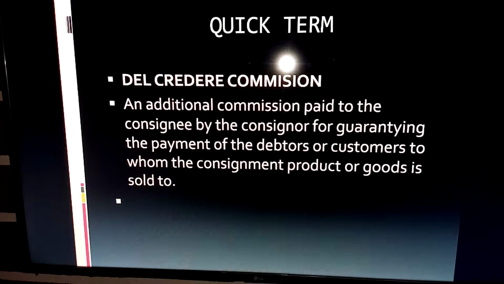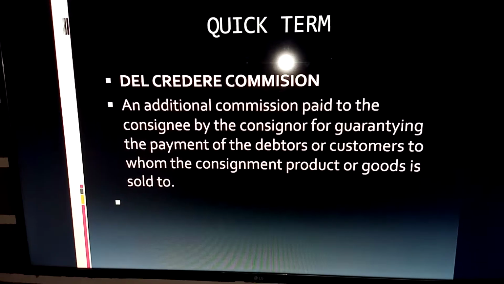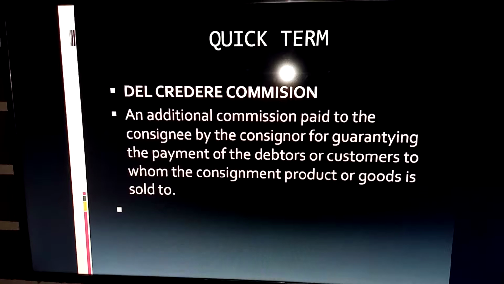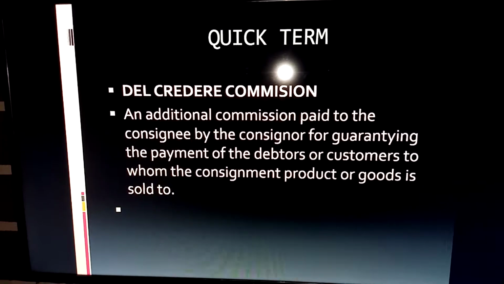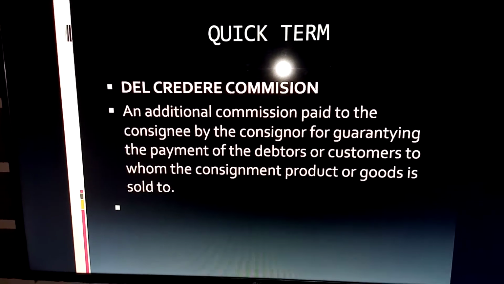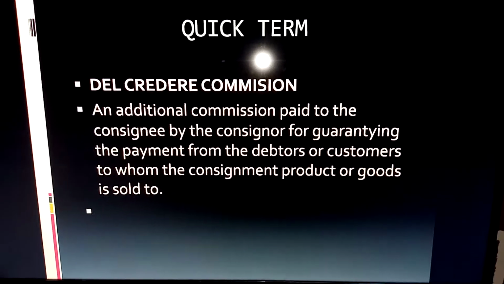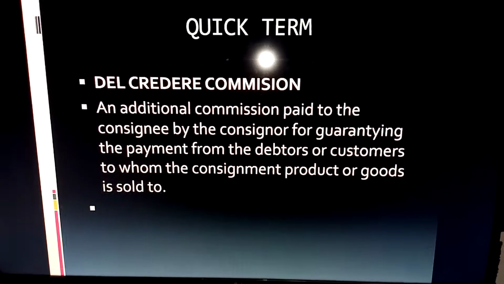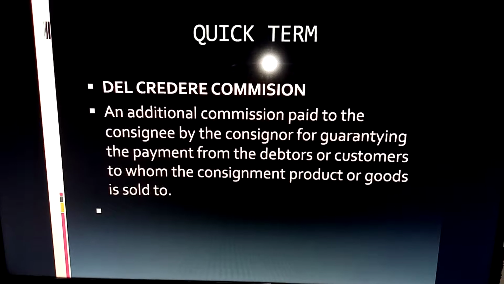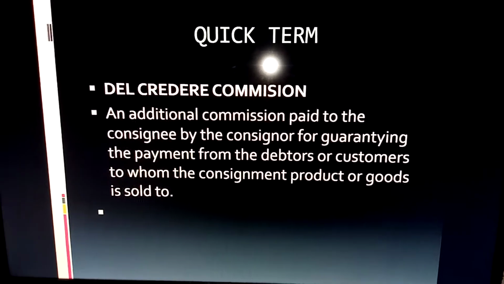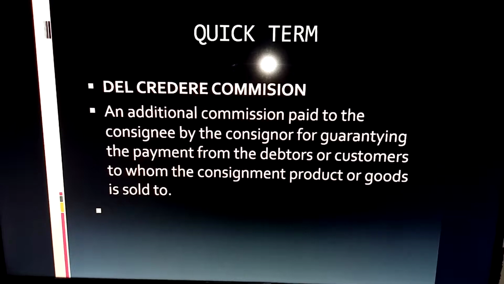So the commission that he gets for guaranteeing the payment of the debtors or customers to whom the consignment of goods are sold, backing that the debtors will pay, the commission that the consignor gives to the consignee for guaranteeing, that's what we call the del credere commission.